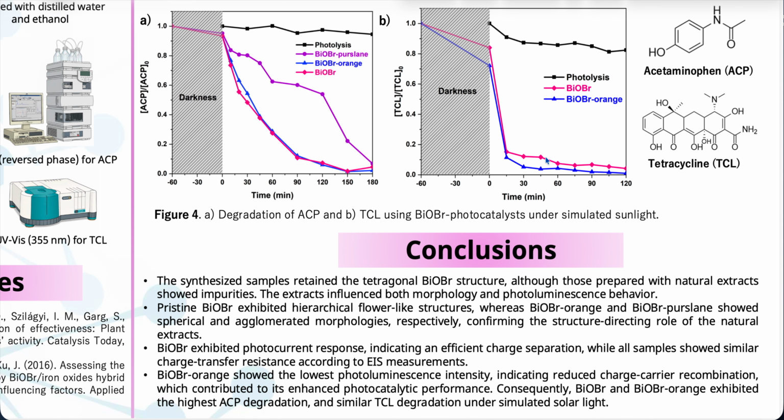To conclude this work, we demonstrated that bismuth oxybromide can be successfully synthesized through a simple coprecipitation method using natural plant extracts. The extracts influence the crystallite size, particle morphology, and photoluminescence behavior of the resultant materials, while maintaining the characteristic tetragonal structure of bismuth oxybromide.